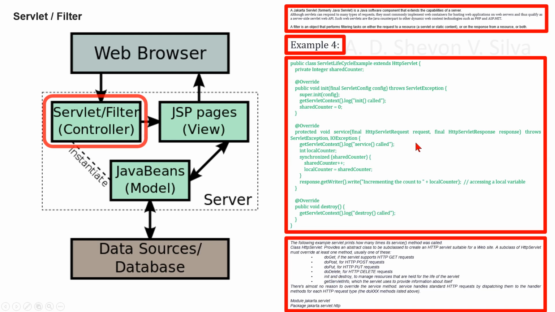Here the method void init, servlet config, is called by the servlet container to indicate to a servlet that the servlet is being placed into service.